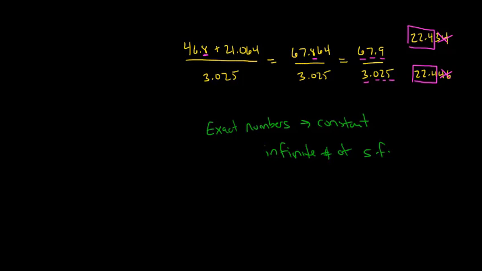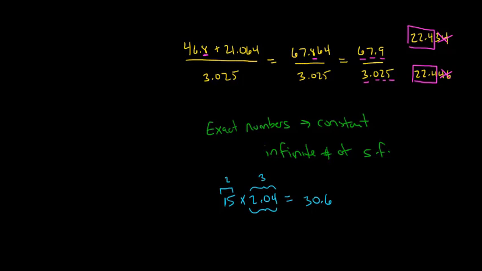So for example, if I have 15, which I'm told is an exact number, times 2.04, the answer will have significant digits only influenced by 2.04, not by the number 15. So the answer of 15 times 2.04 is 30.6. And we're going to retain all 3 sig figs because 2.04 has 3 sig figs, and it doesn't matter that 15 only has 2 because it's an exact number.